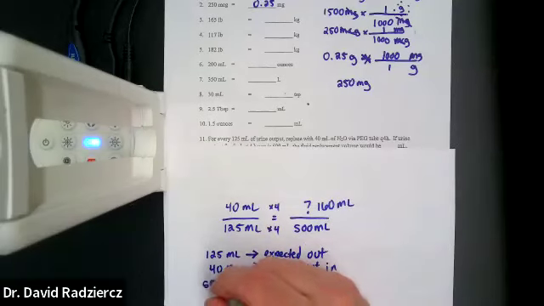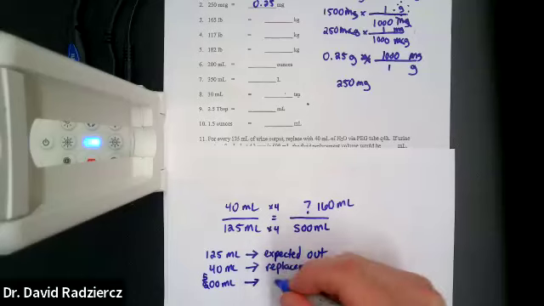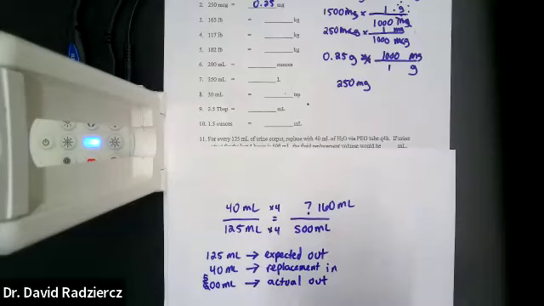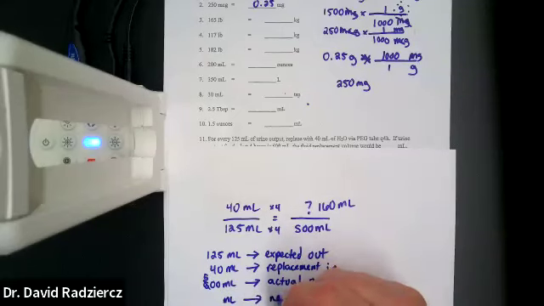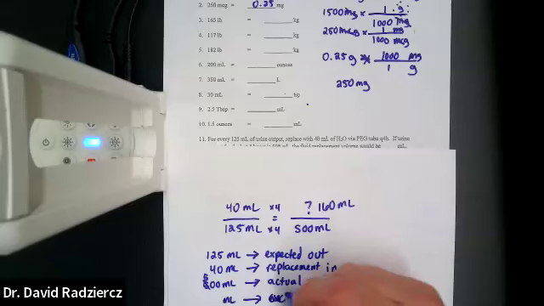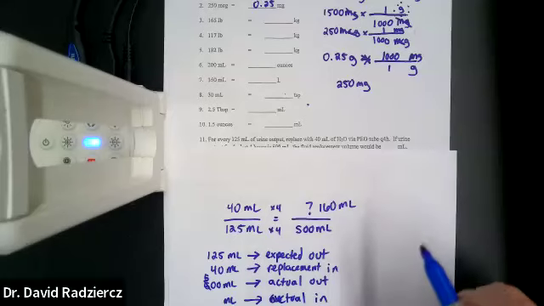And the 500 milliliters, that's supposed to be a 5, 500 milliliters is the actual out. And then what we're looking for is how many milliliters for basically the actual in. So maybe I should call that expected.